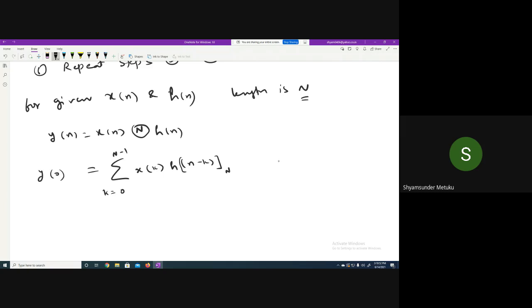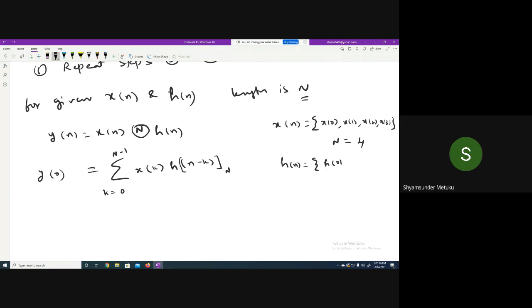Now suppose x of n has 4 samples: x of 0, x of 1, x of 2, x of 3. So what is capital N here? 4. Similarly, h of n must also be of length 4.